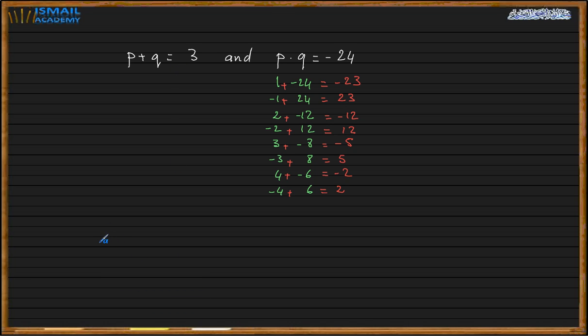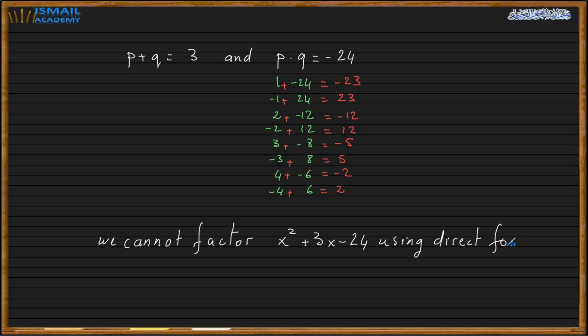So we cannot factor x squared plus 3x minus 24 using direct factoring.